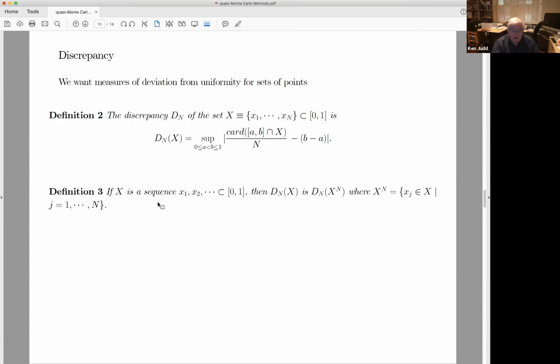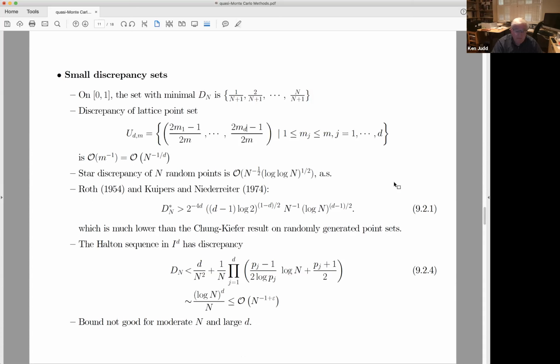If you have a sequence, you also look at the discrepancy of the truncated sequences. Now, basically on 0, 1, the problem is trivial. The lowest discrepancy is just a uniform set of points. That's not surprising.